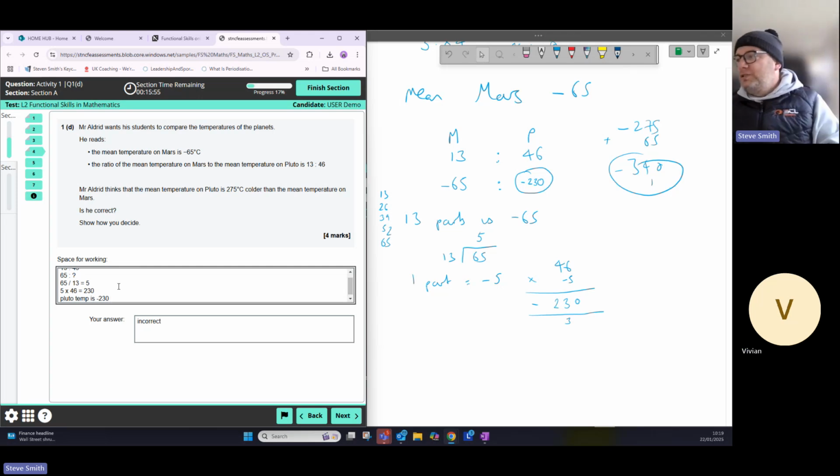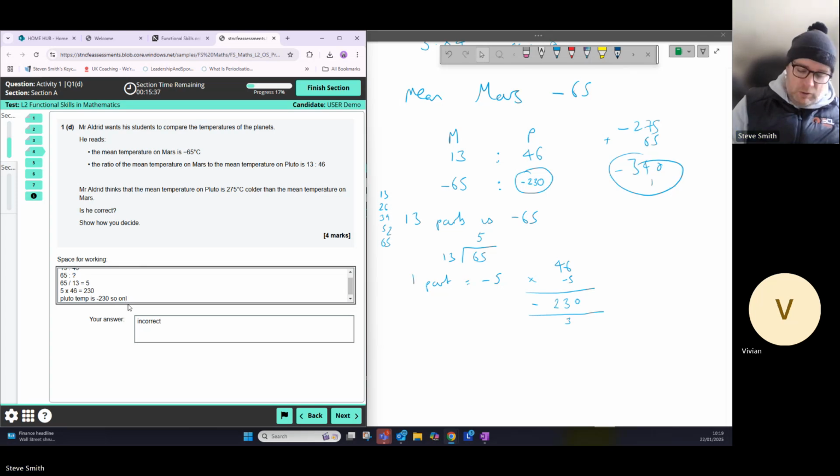So if you look at the difference between those two temperatures, we've got 65 up to 100, that's 35, and then up to, so that's 165 is the difference. Only 165 colder.